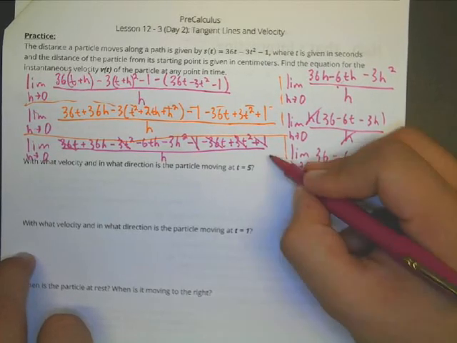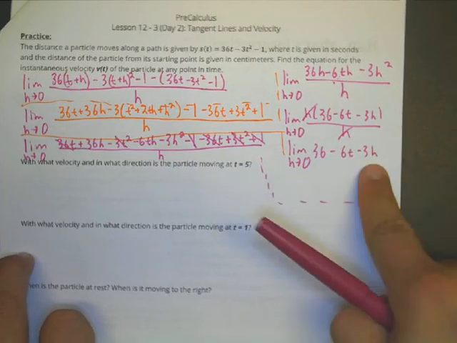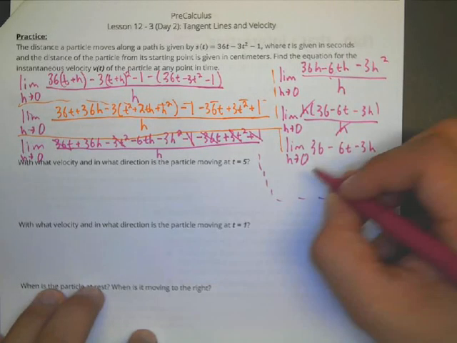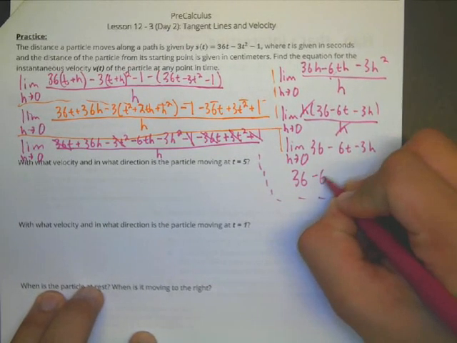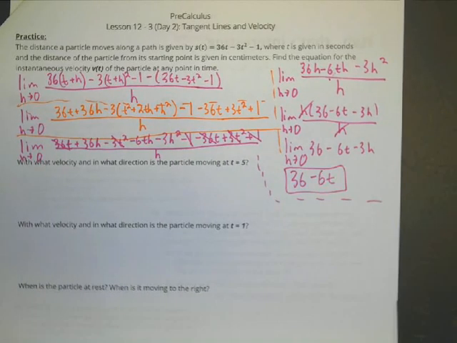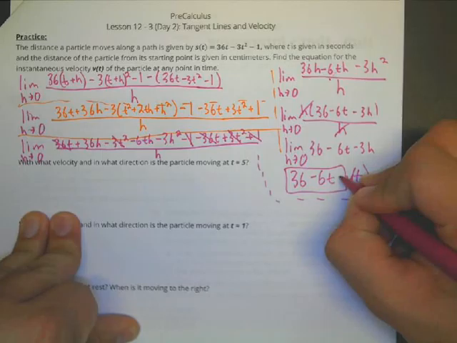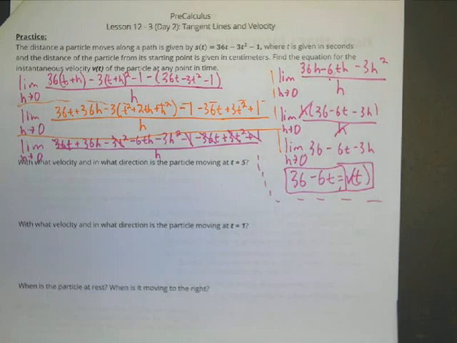And of course, what happens here? Yeah, you plug in 0 for h, or you make h 0, everything with h cancels, and you're left with 36 minus 6t. Which, actually, make that your velocity, right? That's the formula for your velocity. 36 minus 6t is equal to v of t, right?